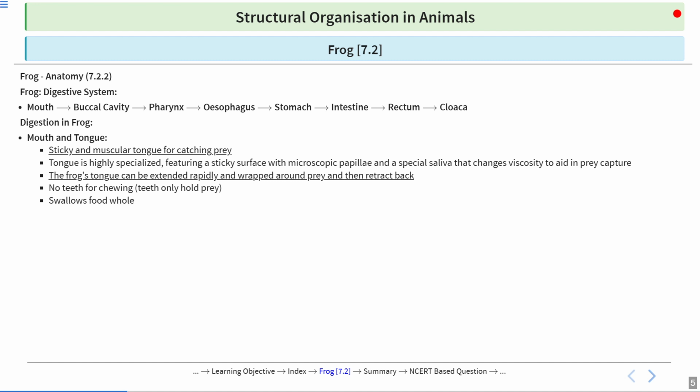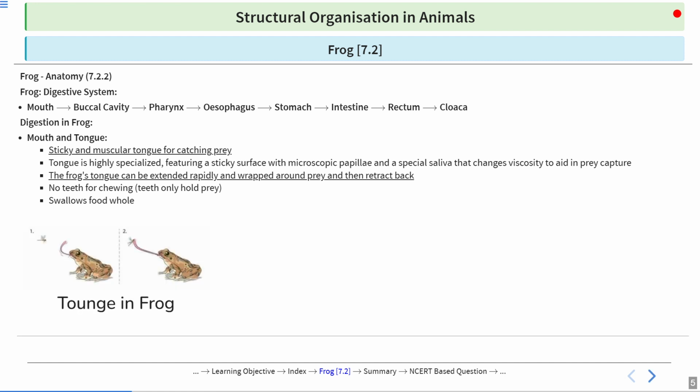Sticky means when it protrudes its tongue to the outer environment and any insect comes and sits on that tongue, it gets stuck to it. So it is sticky, right? So this sticky and muscular tongue helps in catching the prey. You can see this figure.